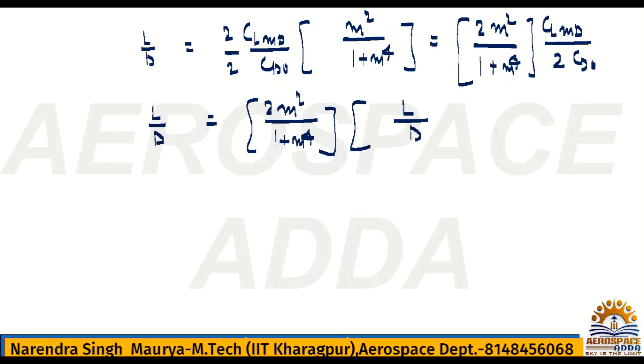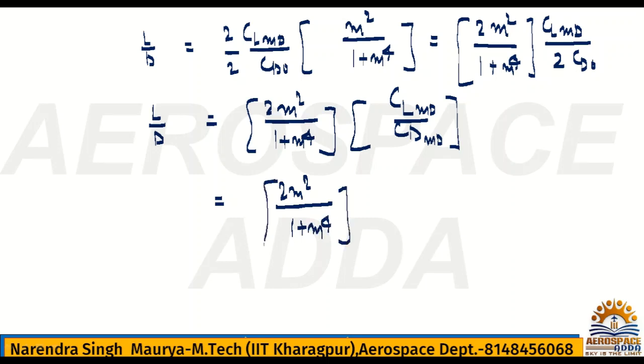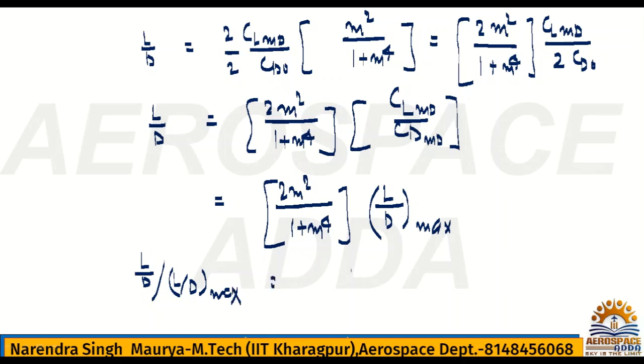Or one more step, I should write CL MD and 2 CD MD, okay. So this is nothing but 2m square over 1 plus m power 4 times L by D max. Check my previous lecture, you may get it. So L by D is L by D max times 2m square divided by 1 plus m to power 4.